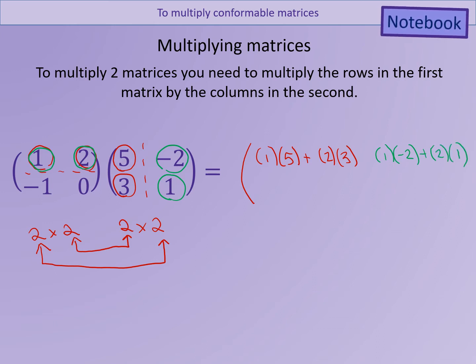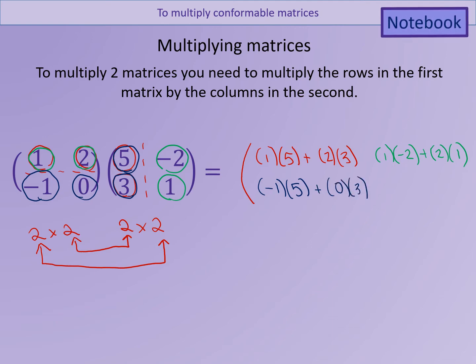And then looking underneath, we need to multiply minus 1 by 5 and 0 by 3. So minus 1 multiplied by 5 plus 0 multiplied by 3.